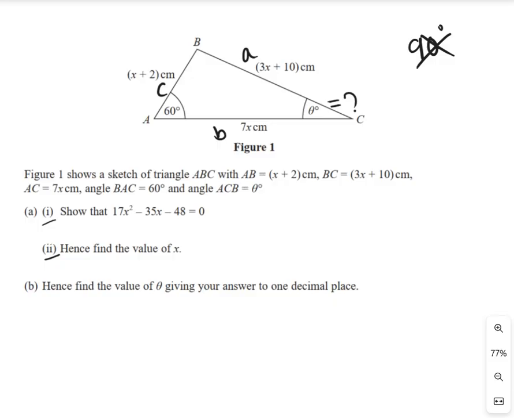So if we would like to calculate the side A, A square is equals to B square plus C square minus 2BC cos of angle A. By using this equation, we actually have to prove this equation.